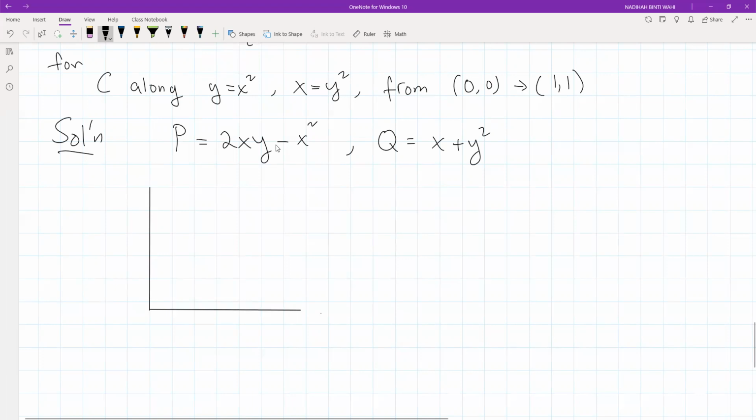Okay. I told you always sketch the thing. If you see something like this, anyhow, just sketch the graph or surface. If you don't get the idea, just by sketching you can see the boundaries. Okay, y equals to x squared, x equals to y squared from 0, 0 and 1, 1. So the point 0, 0 is right here. The point 1, 1 is right there. Okay, y equals to x squared, so this should be this line.